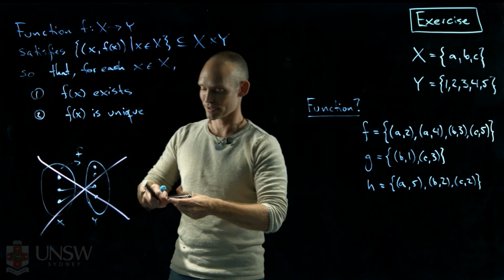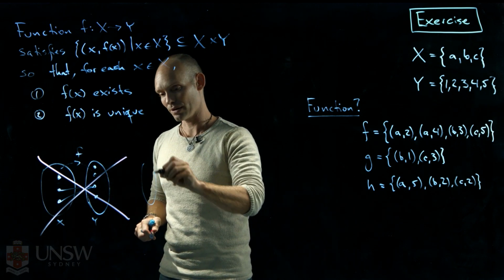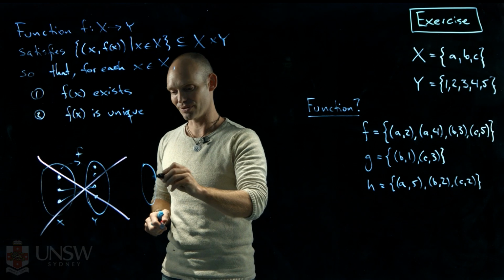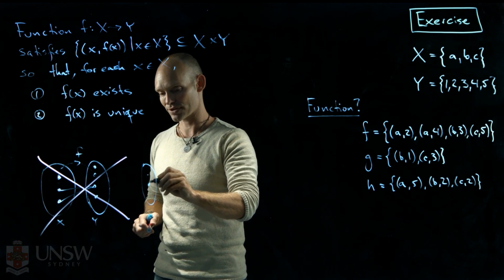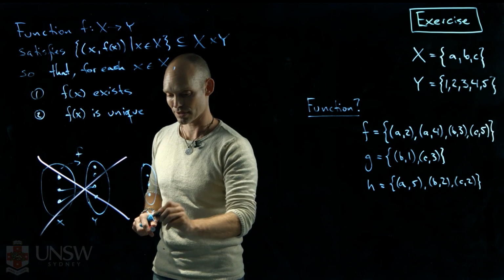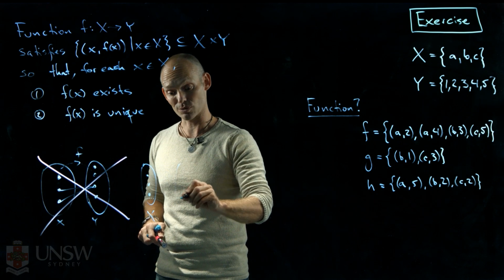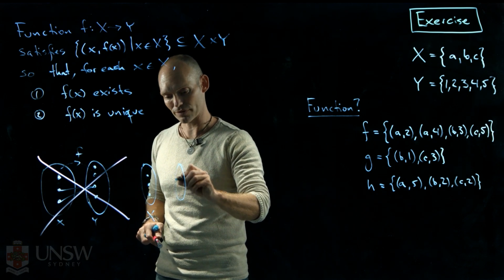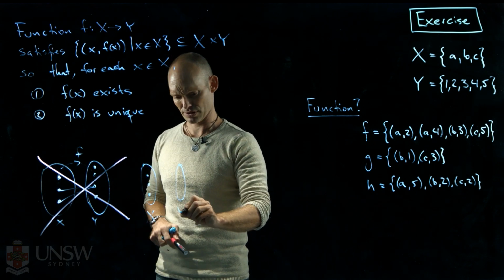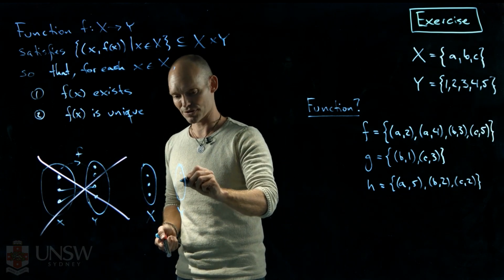And we also want the other situation to not happen. We want f to be unique. So if we have some element in X, we don't want it to be given two marks or more, so to speak. We don't want more than one function value. That's not a very well-drawn codomain there, but it is nevertheless what it is.